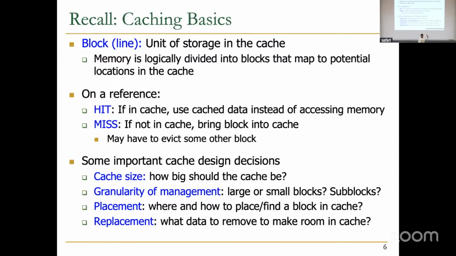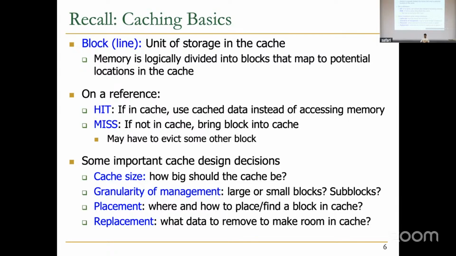Recall that there are some terminologies that we covered in the last lectures. Block is the granularity of the cache accesses, right? And the cache has the concept of cache hit. When you are looking for some data in the cache, if it is already present, that's called a cache hit. If it is not present, then that's called a cache miss. And then we have a multitude of design decisions which affect how the cache hierarchy is going to perform.